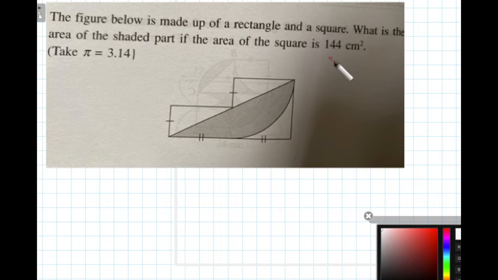What is the area of the shaded if the area of the square is 144? So I know that this is a square, right? So I just draw here, extend. And then this square is 144 for the area.